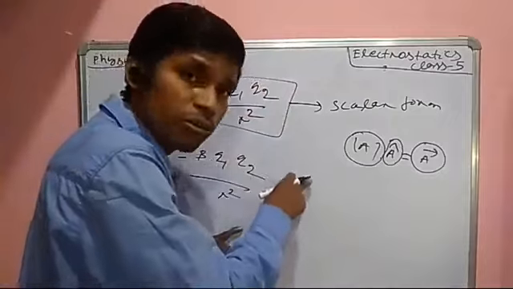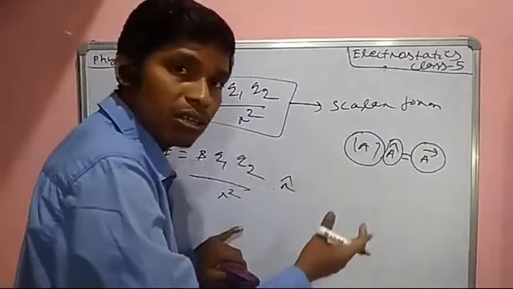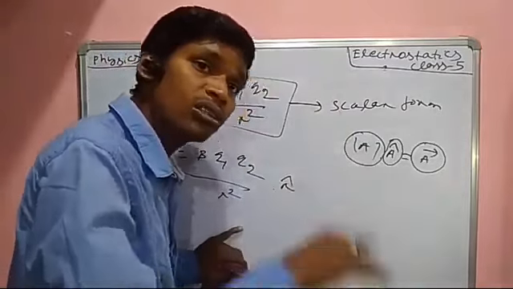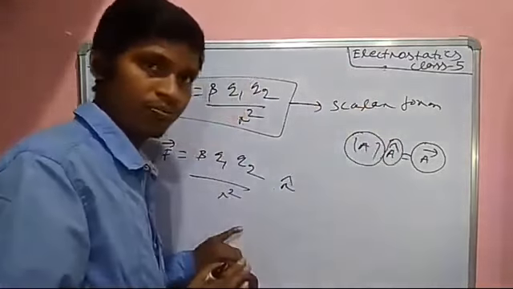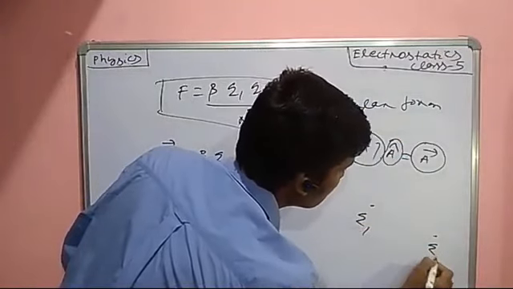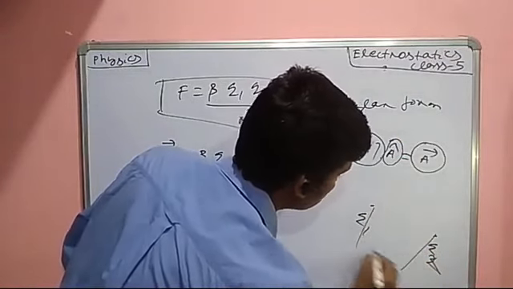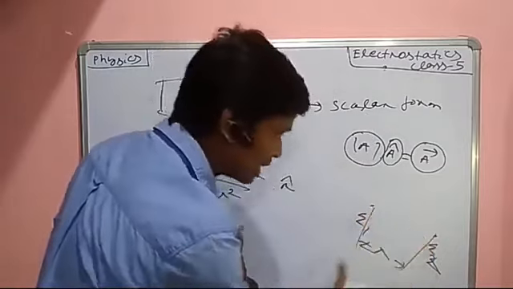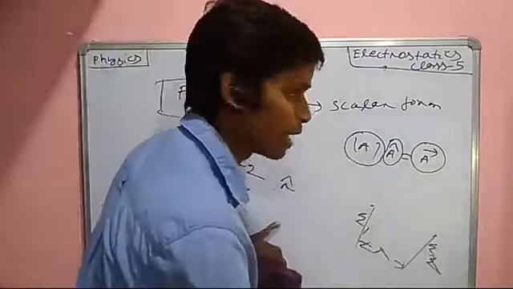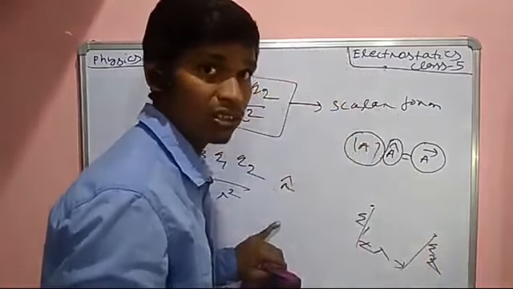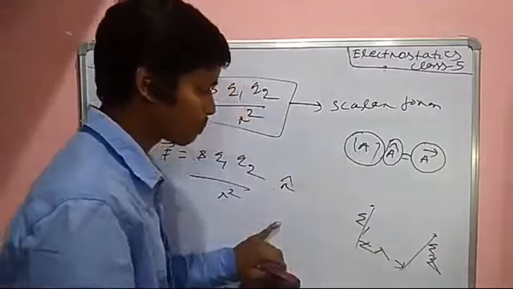Why not a Q1 unit vector or beta unit vector? Because Q1, Q2 are charges, and we already know charge is a scalar quantity. But R is the distance between two charges, that is the displacement. That is converted to a vector.